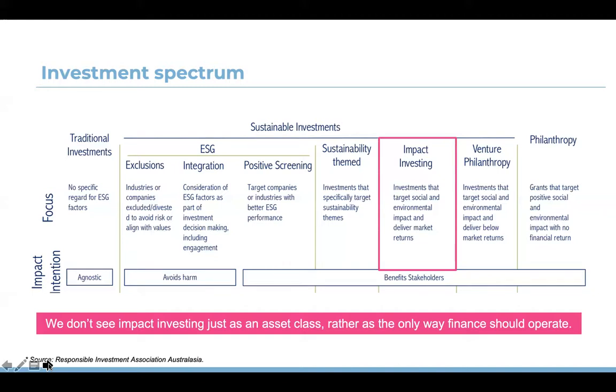Further on the right is venture philanthropy, which means investments that, like impact investing, target positive social and environmental impact, but at the same time deliver below market returns. And all the way to the right is philanthropy, which is grant giving only for positive social and environmental impact and no expectation of financial returns.